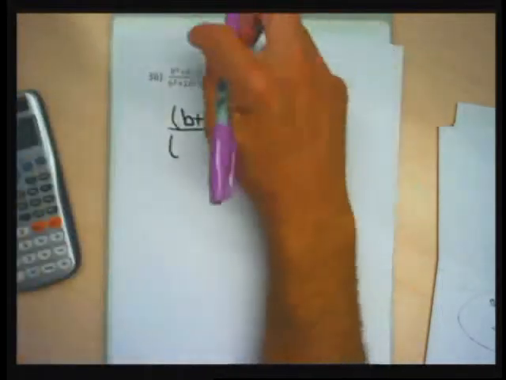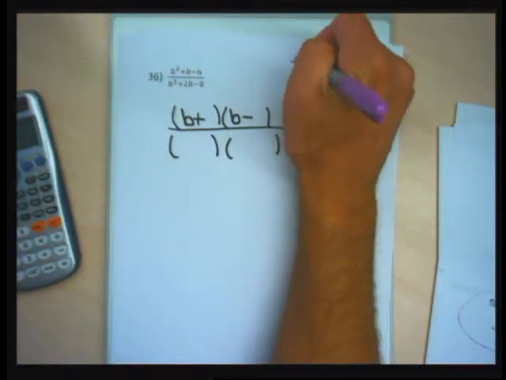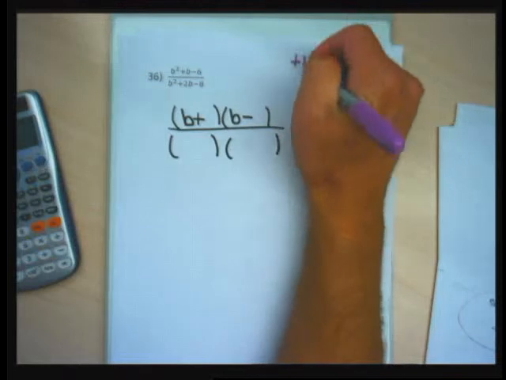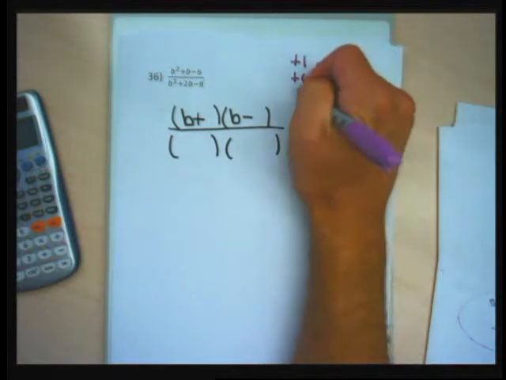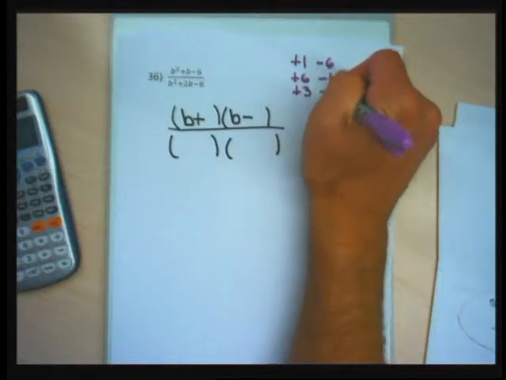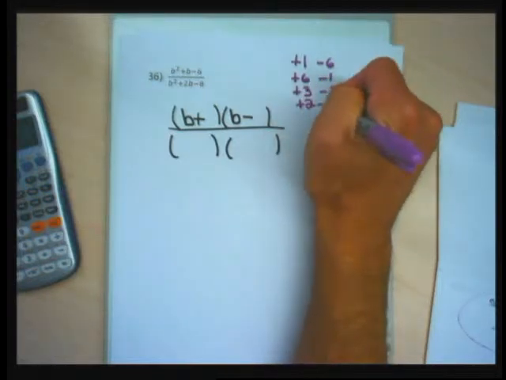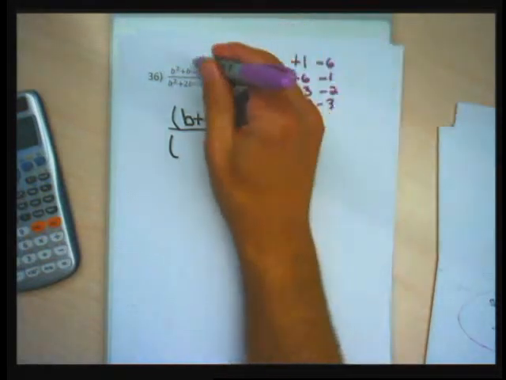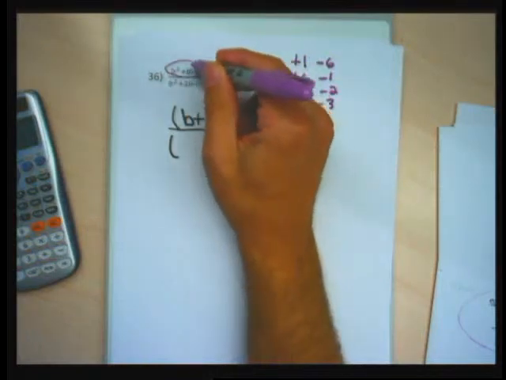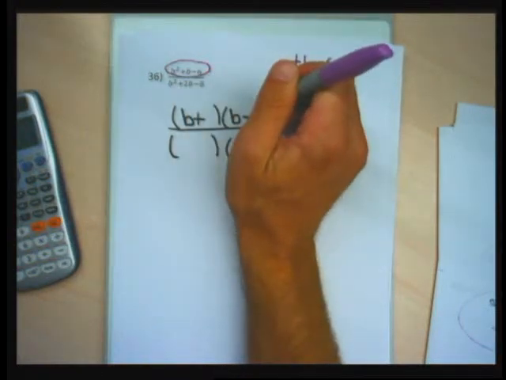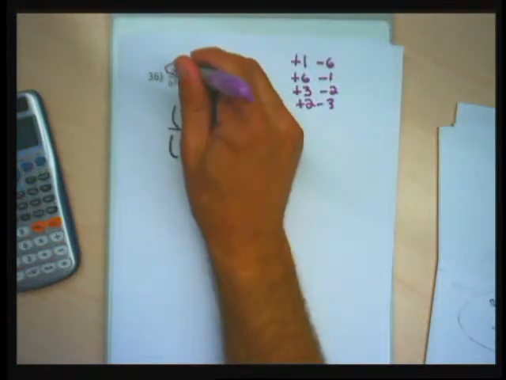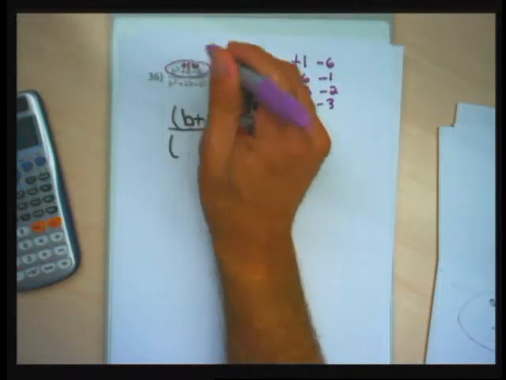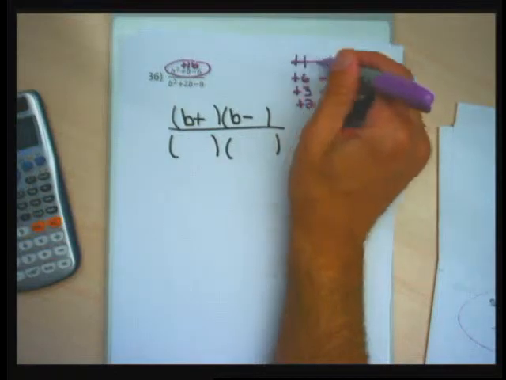So the numbers for my lasts could be a plus 1 and a minus 6, a plus 6 and a minus 1, a plus 3 and a minus 2, or a plus 2 and a minus 3. So when I factor the numerator, I know that my signs are plus and minus, and I need to pick the pair to give me the plus 1b. A plus 1 and minus 6 give me a minus 5.